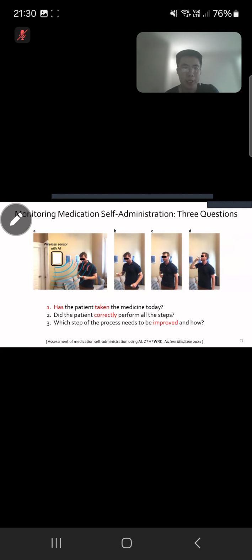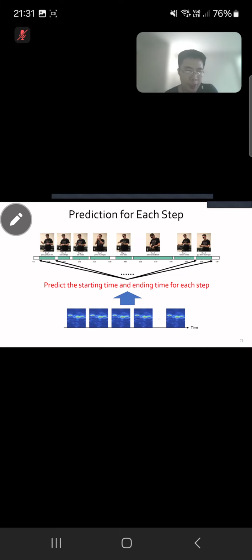Now, the question we ask is, using an AI-based wireless sensor, can we automatically detect, has the patient taken the medicine today? Did the patient correctly perform all the steps, and what steps of the process need to be improved and how? Essentially, we would try to answer the question that given the wireless signal, can we predict the starting time and ending time for each step?